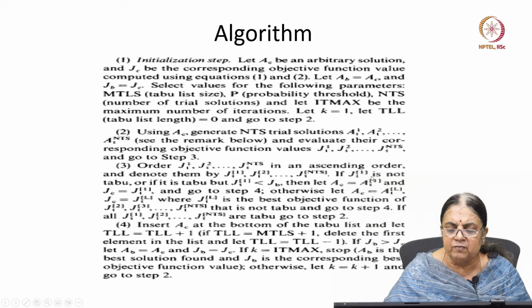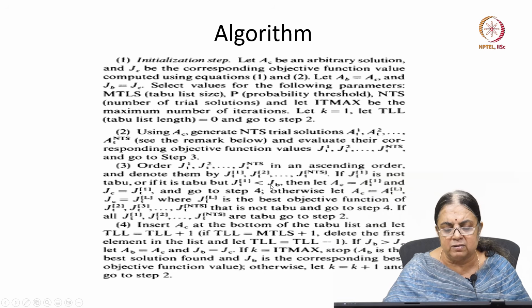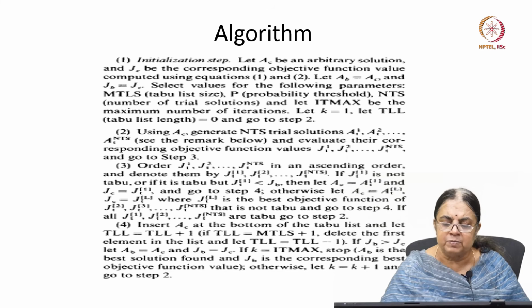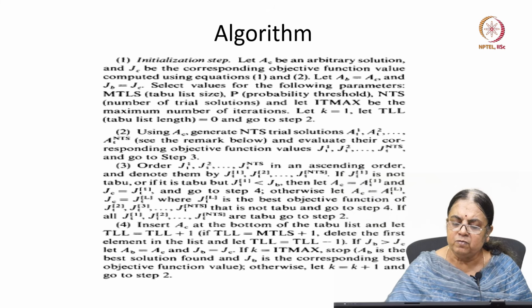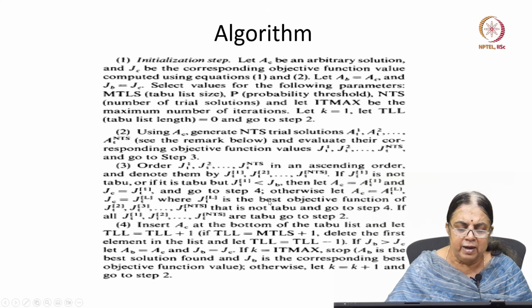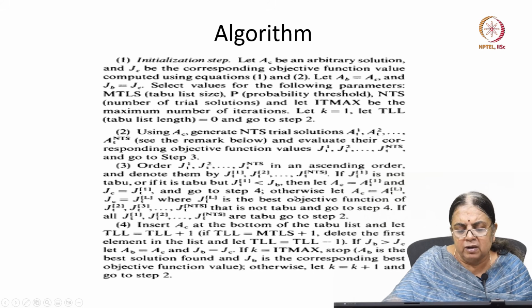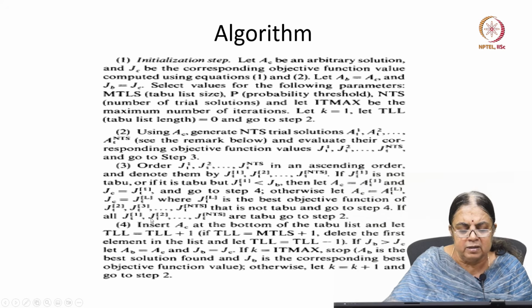And then if the first one is not Tabu, or if it is Tabu but satisfies the aspiration criteria, then you move to that point. And if not, you go to the next one and you keep going till you find the one which is not Tabu.